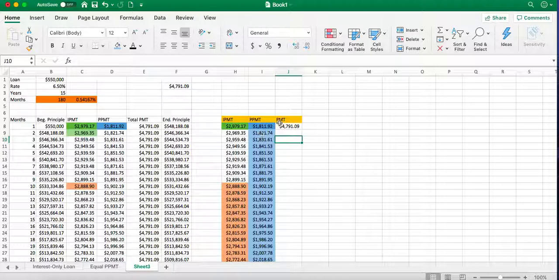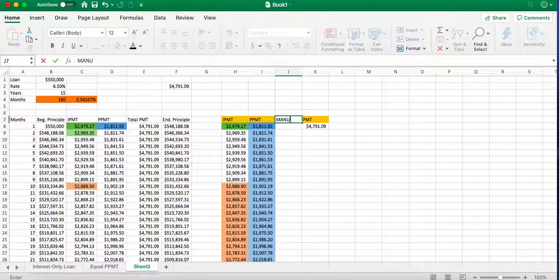Oh, sorry, that kept popping up. And then let me just show you guys the manual way of calculating PPMT.